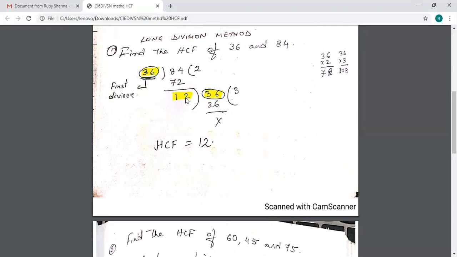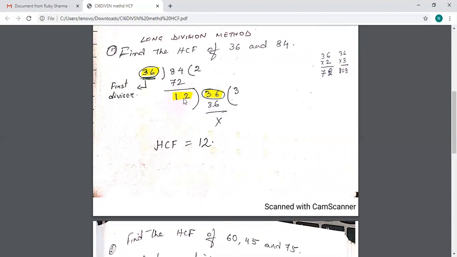Now according to the second step, this 12 will become the divisor now and the first divisor will become the dividend now. Okay. And then we have to divide. Now here in this case, see, 12 3s are 36. So there is no remainder. Remainder is 0. Did you understand?